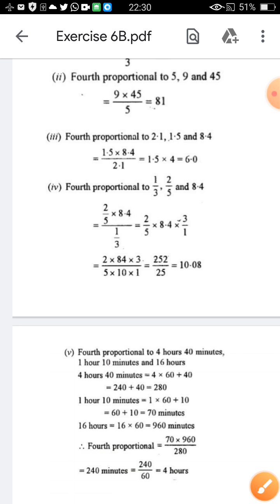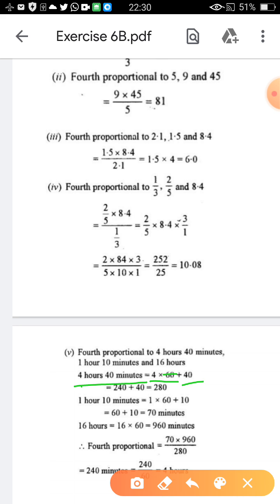Okay, then 4 hours 40 minutes, convert it. 4 hours means 4 into 60, because 1 hour consists of 60 minutes, so 4 multiplied by 60 plus 40, so it will be 280 minutes.